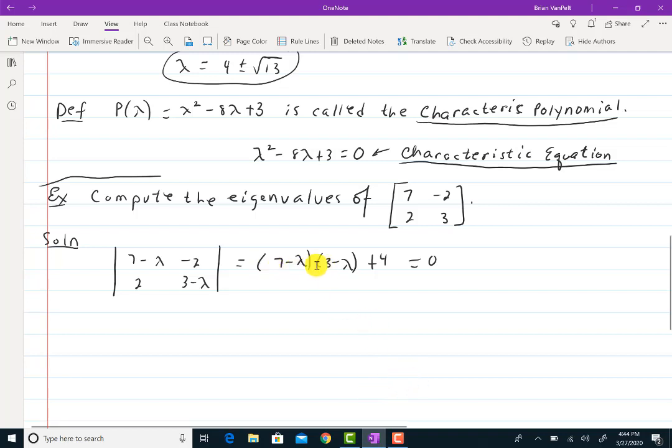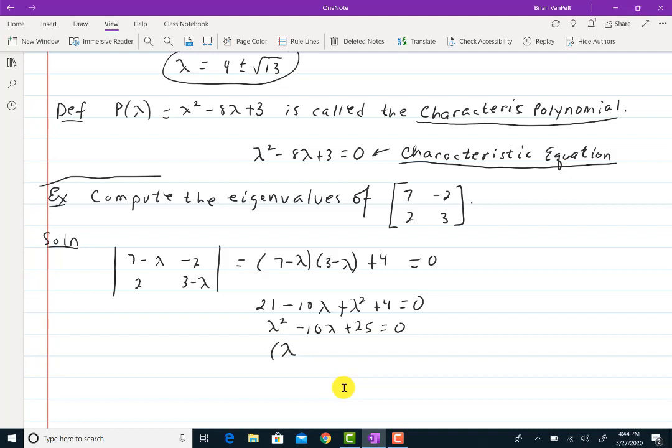Let me go ahead and multiply this out by the FOIL method. I get 21 minus 10 lambda plus lambda squared plus 4. And that's equal to 0. Otherwise, we get lambda squared minus 10 lambda plus 25 equals 0.